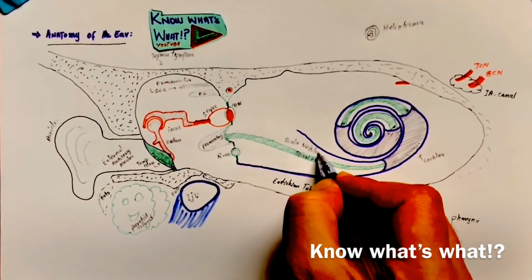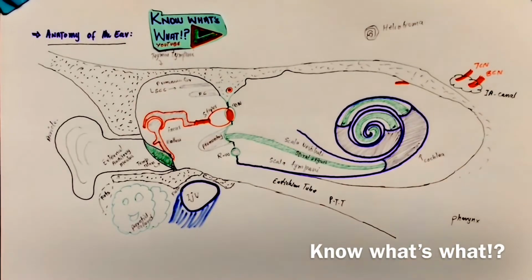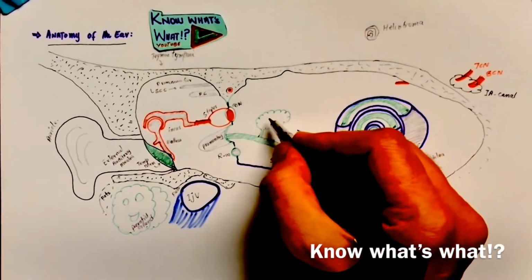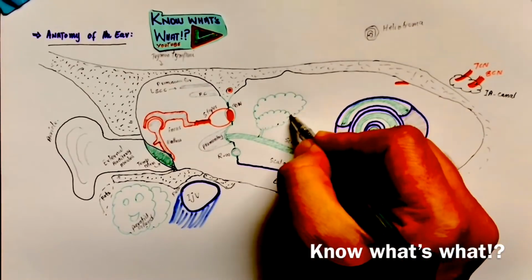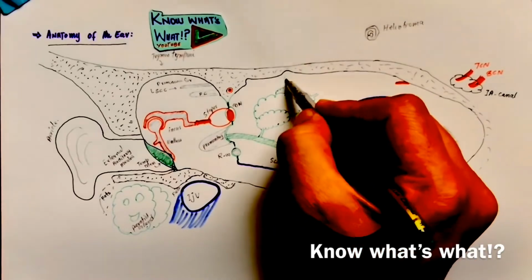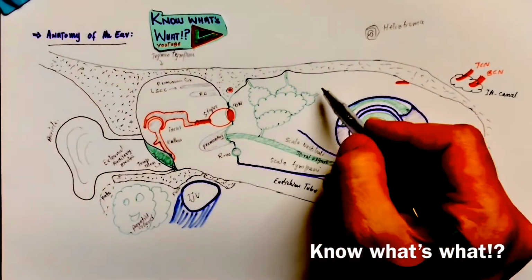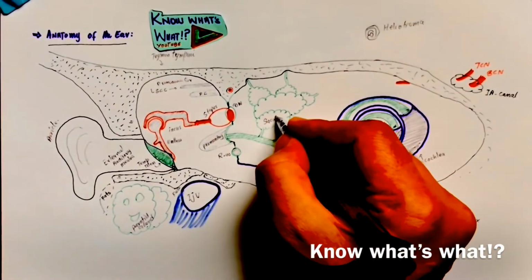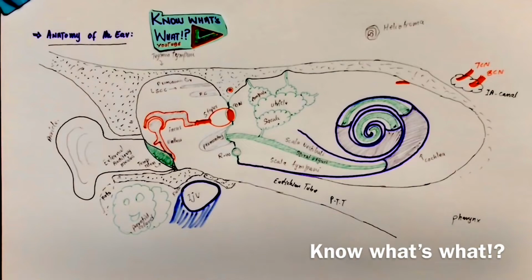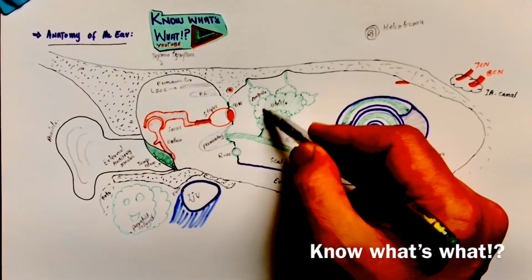Here is the scala vestibuli, here is the scala tympani, and this cochlear duct is connected to the saccule and the utricle, and then the ampulla here, another ampulla here with the semicircular ducts. It has lateral, posterior, and medial semicircular ducts. So here's the saccule, the utricle, the ampulla, and the semicircular ducts, and this is in the bony structure of vestibule.